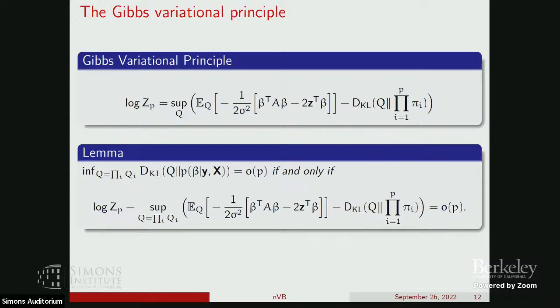Generally, I know that log Z_P can be expressed as the supremum. If I restrict the supremum to the set of all product distributions, I always get a lower bound. What this is saying is that effectively the difference between the two sides of the bound is something little o of P. So this is precisely the condition under which the naive mean field is an accurate approximation.